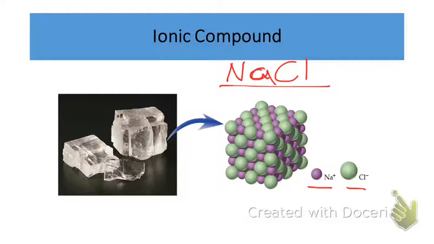All right? And so that's essentially what an ionic compound is. It's just made up of all of these ions that are in a particular whole number ratio, and in this case, it's a 1-to-1 ratio between the sodium and chlorine. So in other words, every sodium ion in here has a counter chlorine ion to keep it a 1-to-1 ratio.